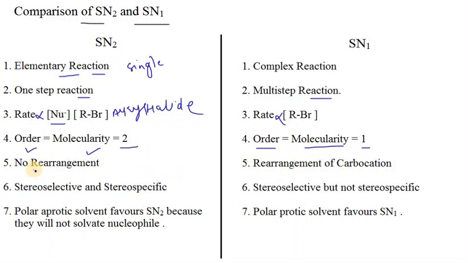So we know there is no rearrangement in case of SN2. It directly forms the transition state, then it directly forms the product. Now if we talk about rearrangement of carbocation, in SN1 there is a rearrangement of carbocation. SN2 is both stereoselective and stereospecific, but in case of SN1 it is stereoselective.